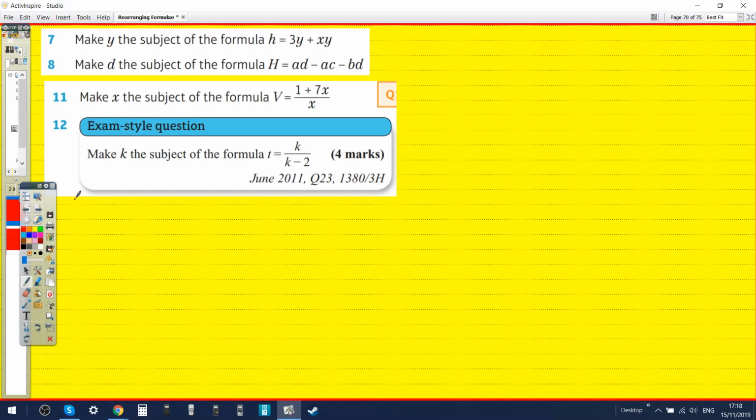Okay. So times by k minus 2 on both sides. So t open brackets k minus 2 equals k. tk minus 2t equals k.